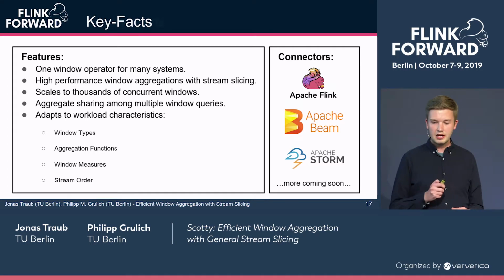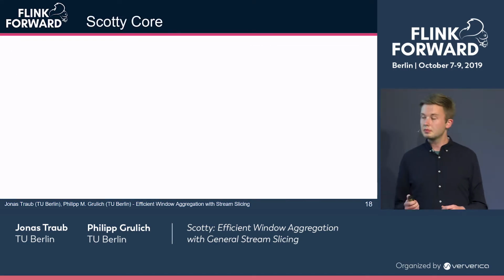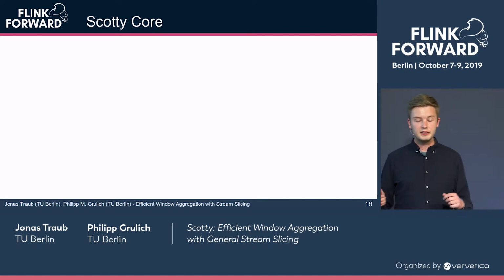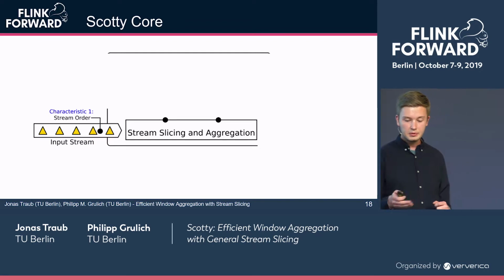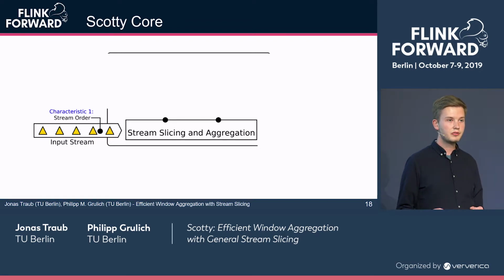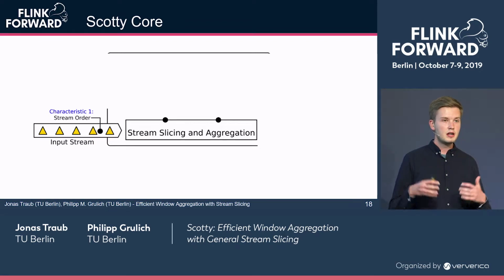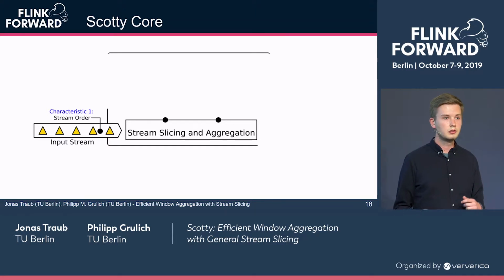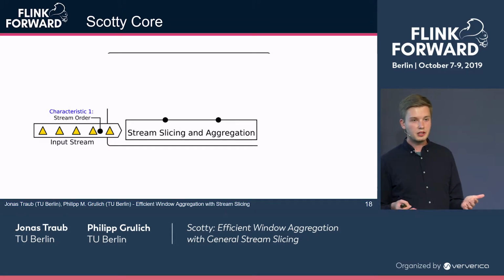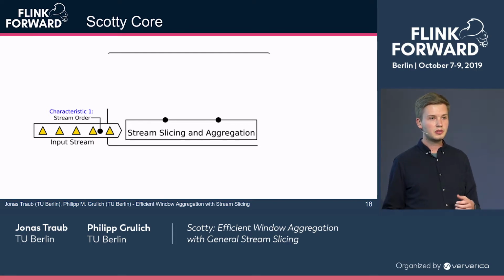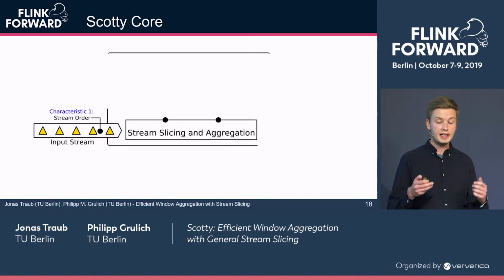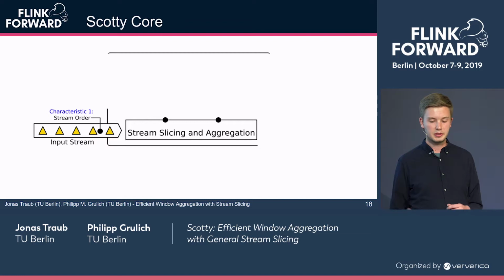So let's now get a peek into the architecture of Scotty. Here we basically see our input stream, for which you have to define the stream order. So do I expect out-of-order tuples or not? This stream is then passed to the Scotty window operator, which maintains the slices and in the end produces the final window aggregates.